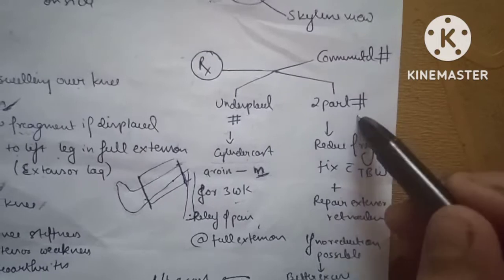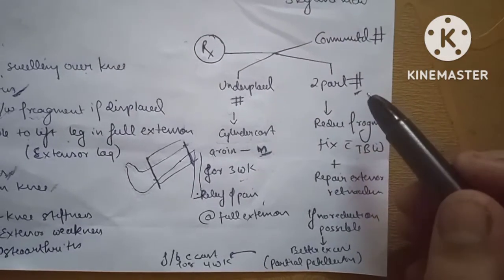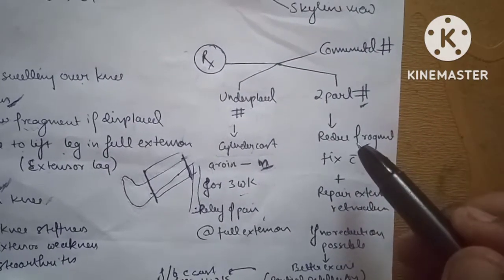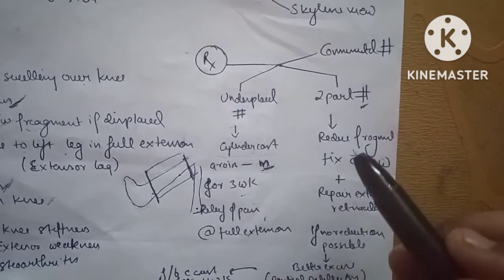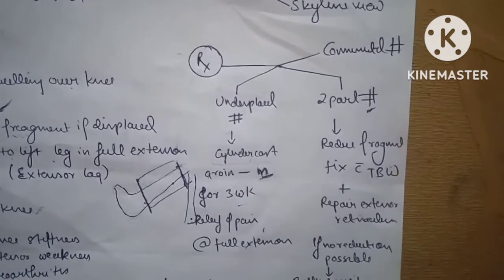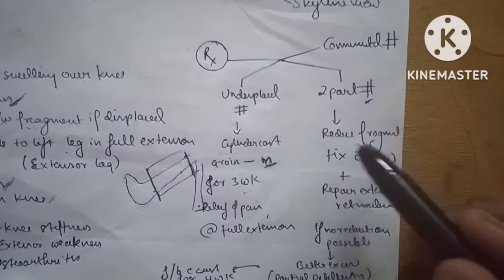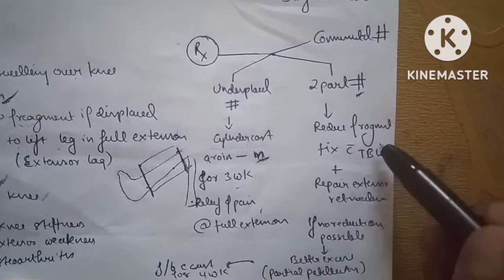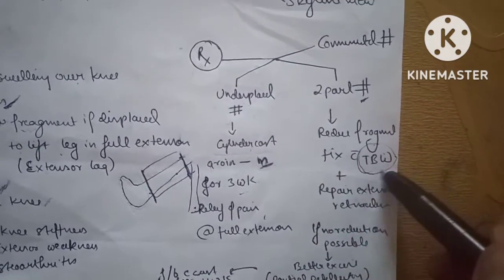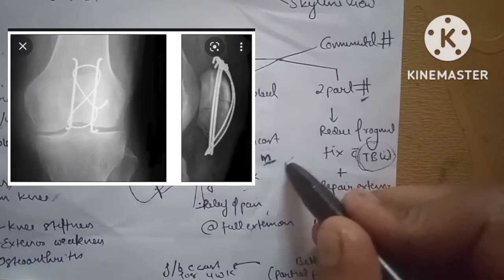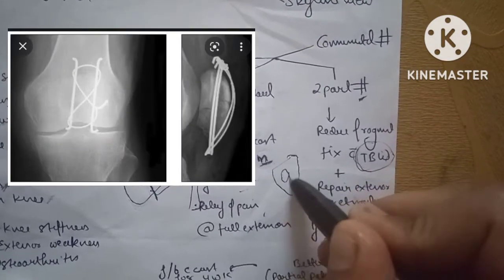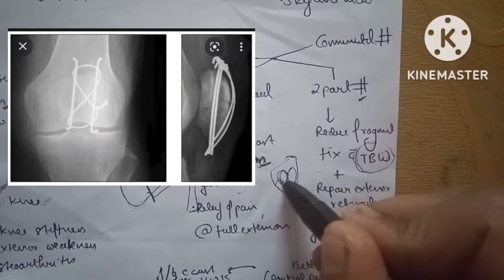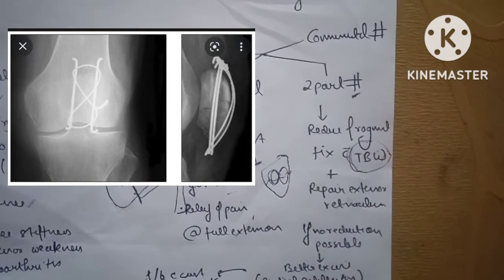In case there is a two-part fracture due to sudden contraction of quadriceps, we know the pull of quadriceps will not allow maintaining the reduced position of the patella. So we have to fix the fracture site, and this is done by tension band wiring. This tension band wiring is applied in the form of a figure of 8 to fix the patellar fracture.